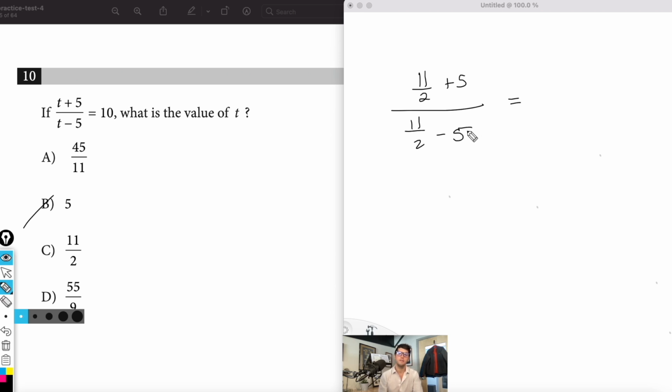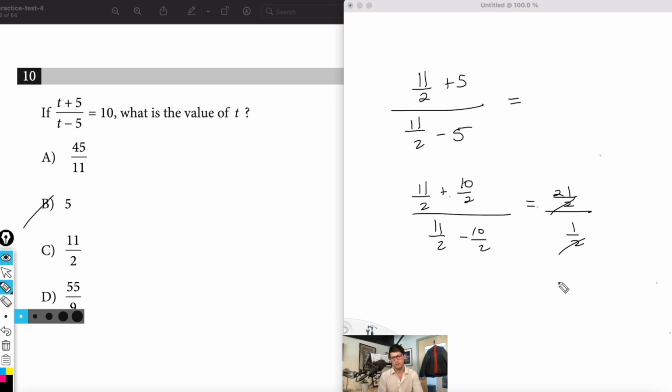Well, I suppose we could rewrite this. This is 11 over 2 plus 10 over 2, right? That's what 5 is. And this is 11 over 2 minus 10 over 2. Okay, so the top is now 21 over 2, and the bottom is 1 over 2. So now that's just 21 over 1. So that was too big, right? 21 over 1 is what I get.